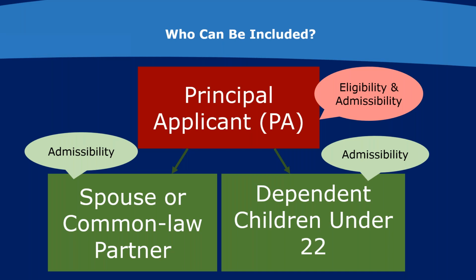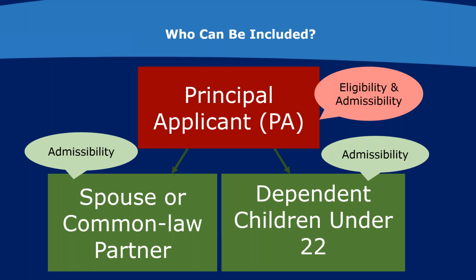Any dependents that are listed on the application, such as the spouse, common law partner, or any dependent children under the age of 22, are only assessed on admissibility criteria. So they only have to pass the security, criminality, and the medical check.